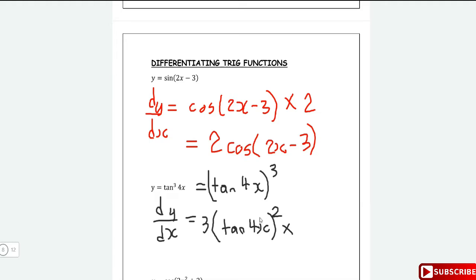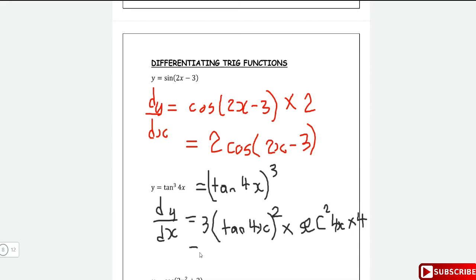When you differentiate tan 4x, you would get sec square 4x. But then you ask yourself, what's the derivative of 4x? You then multiply it by 4. So it's a lot of multiplying. That would be the derivative of tan cube 4x.